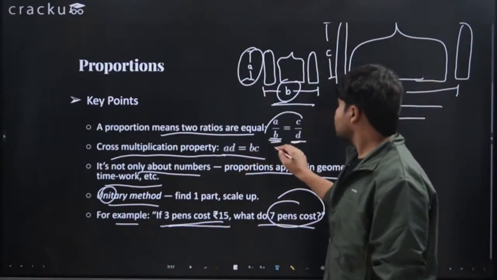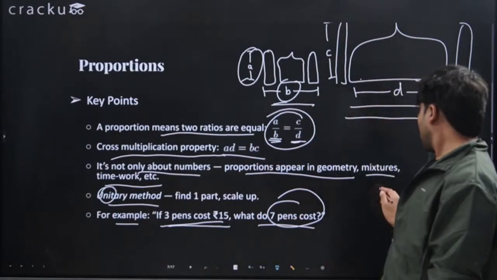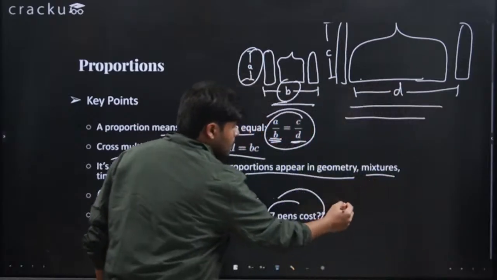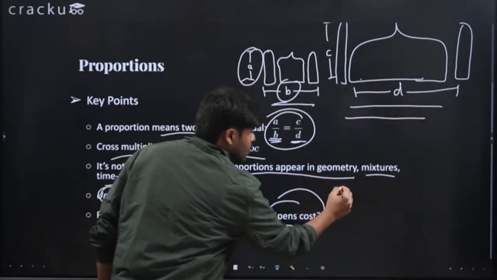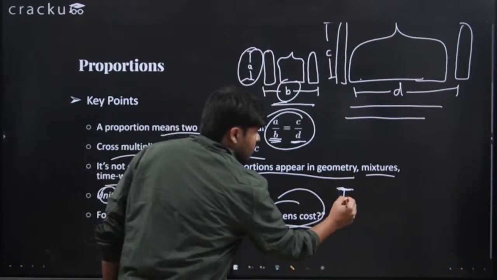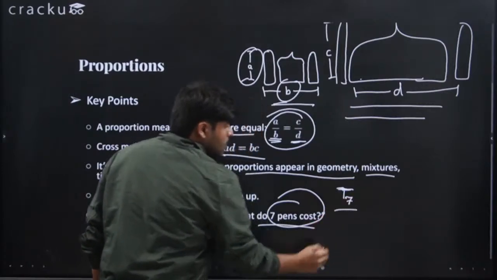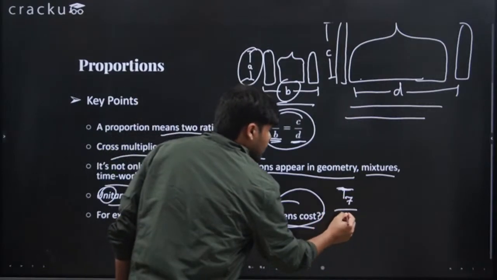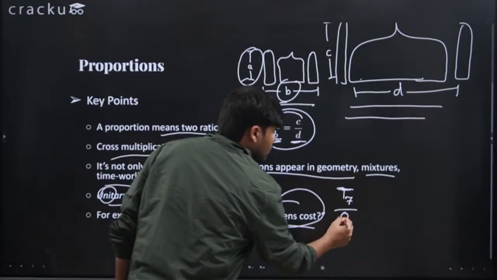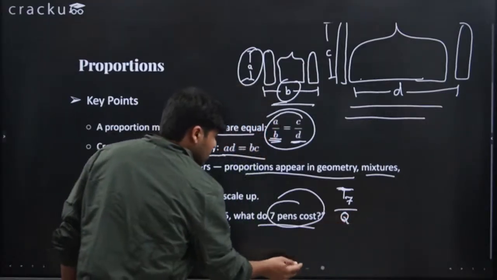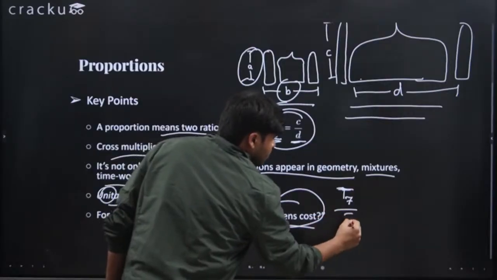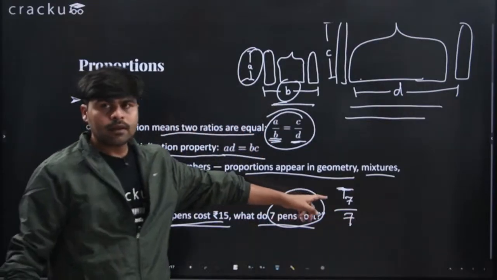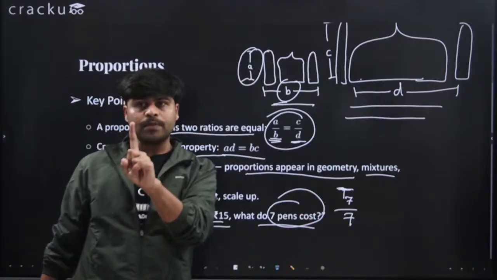How do you exactly solve it using proportion? Well, we know that the total cost of 7 pens upon 7, the quantity of 7 pens, is the price of 1 pen.